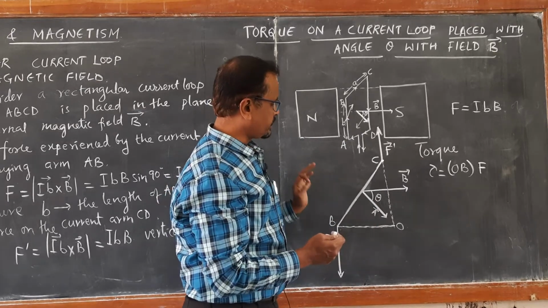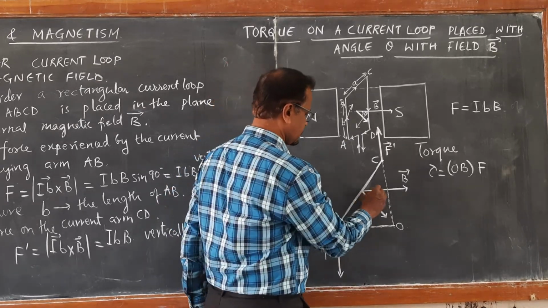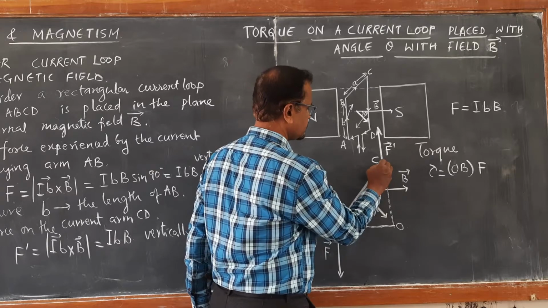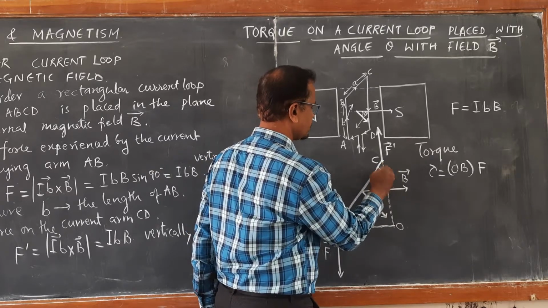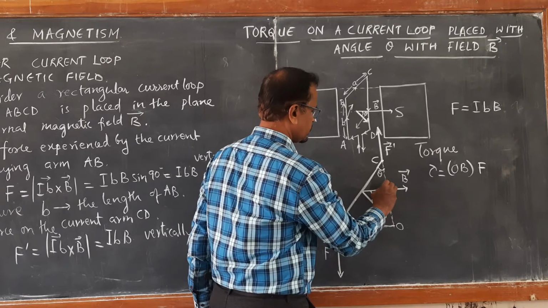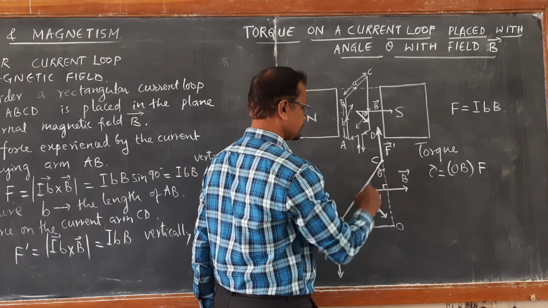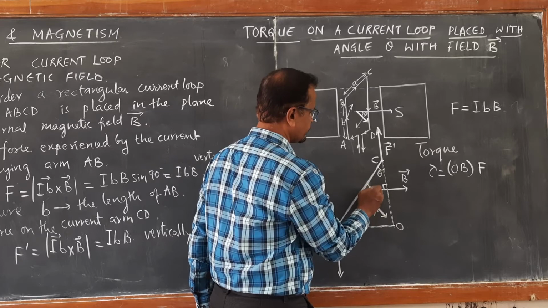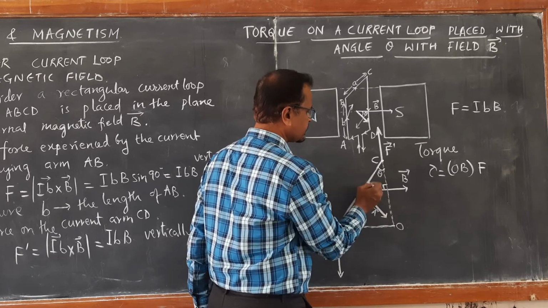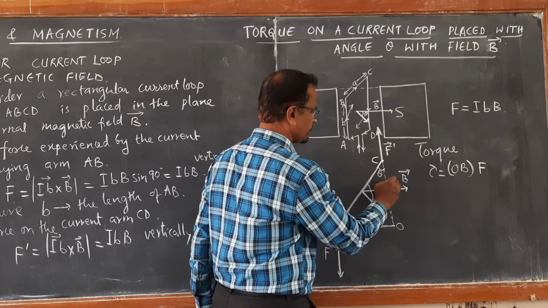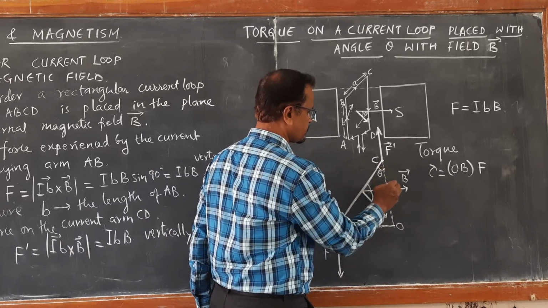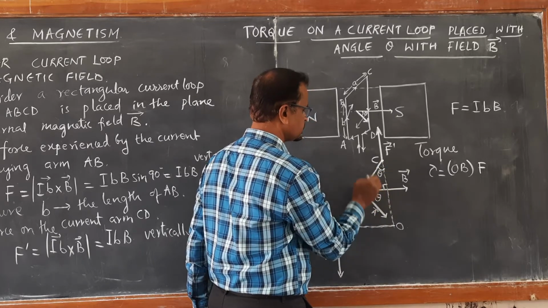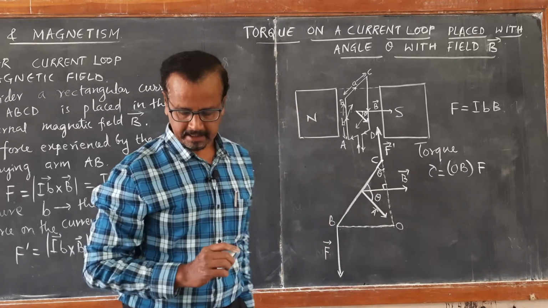Now, if this is the angle theta, you can very easily prove that this is the same angle theta, because if it is 90 degrees here, then this angle plus the interior angle becomes 90 degrees, and this angle plus this angle is also 90 degrees, because the sum of the three angles is 180 degrees.